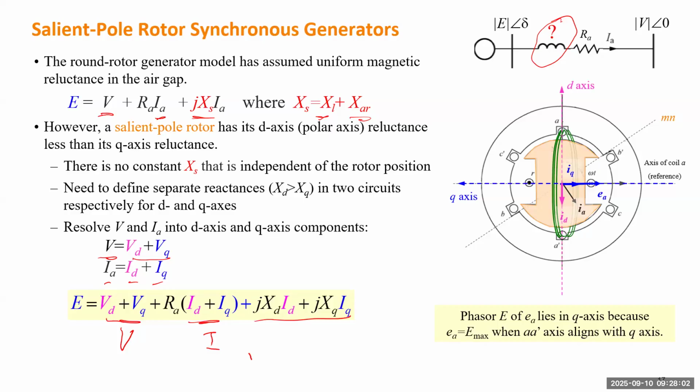Third, because there's no constant singular reactance, we just assume there are two constant reactances. One is XD, which needs to be multiplied by the current in the same axis, and XQ is another constant component in the Q axis multiplied by the Q axis component of current. So this will be our new formula.